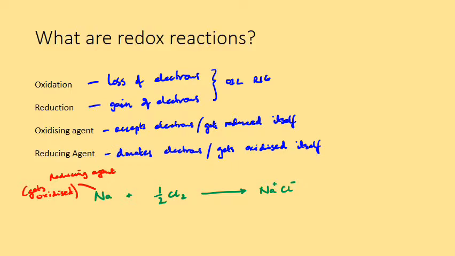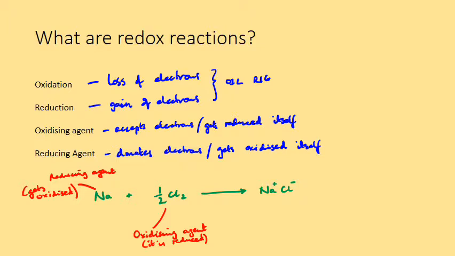Okay, so that's what happens to sodium. And the chlorine, on the other hand, accepts the electron. So chlorine is the oxidizing agent, and of course it is reduced, because it has gained electrons.